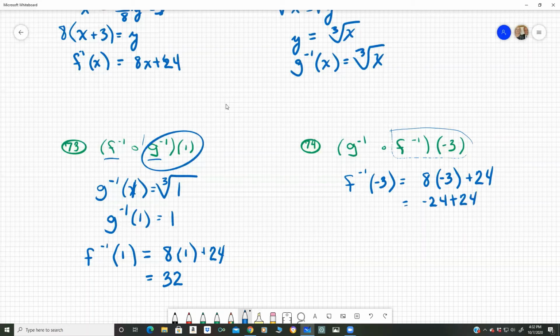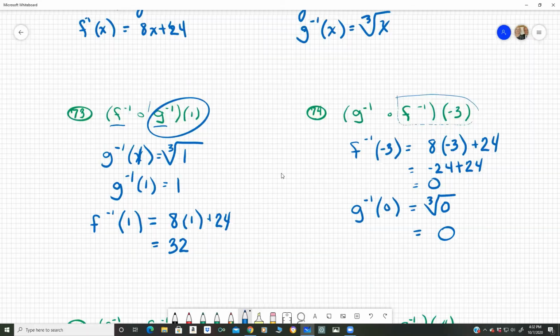Negative 24 plus 24 is equal to 0. Nice. So this value is 0. So now we're going to find the inverse of our g function of 0. Should make that easier. So we come back up to our g function, which is the third root of x, but we're going to be putting in 0. So we're going to find that our answer is 0.